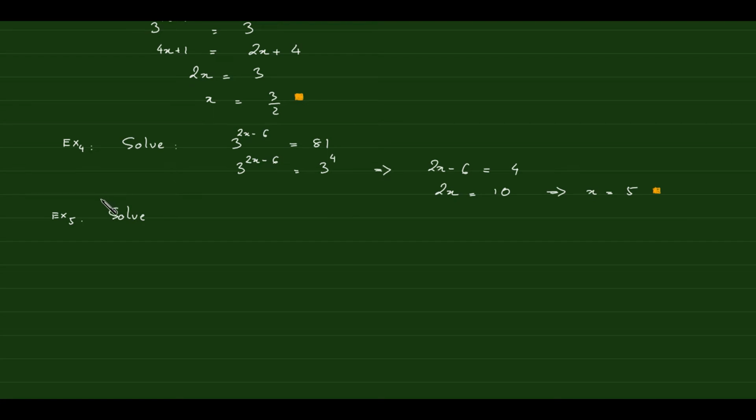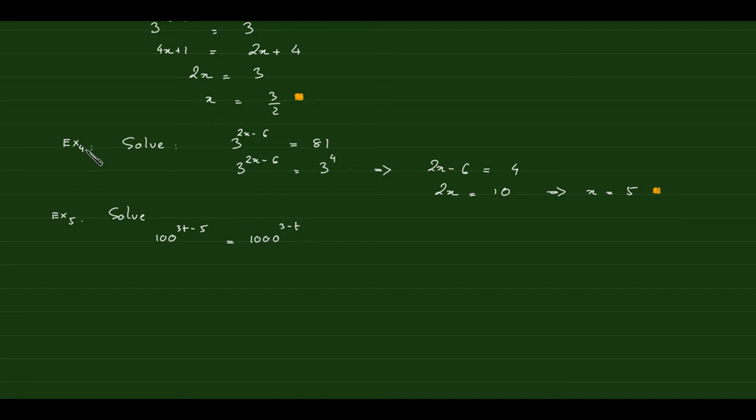What if I have this? I have 100 raised to 3t minus 5 equal 1000 raised to 3 minus t.